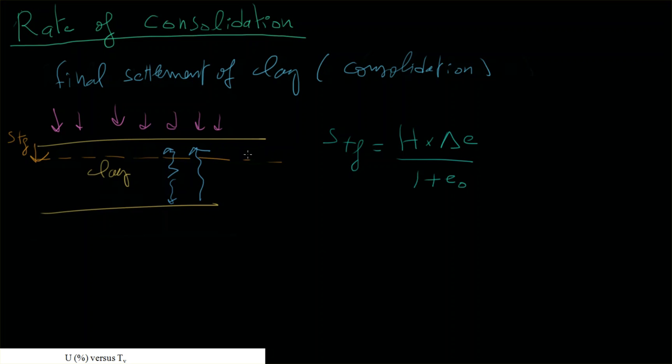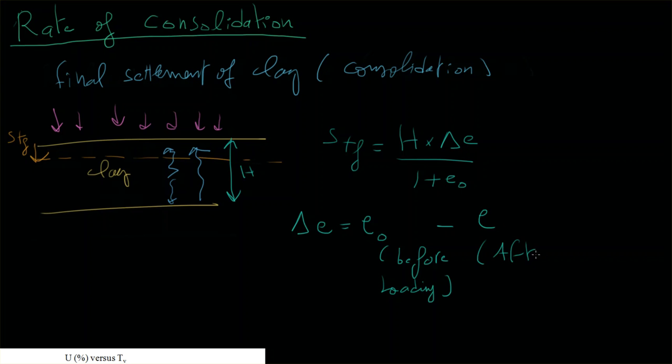So H is the height of the clay layer, delta E is the initial void ratio before loading minus the final void ratio after loading. So that's how this STF is defined. Basically this is the final settlement of the clay layer after time infinity.